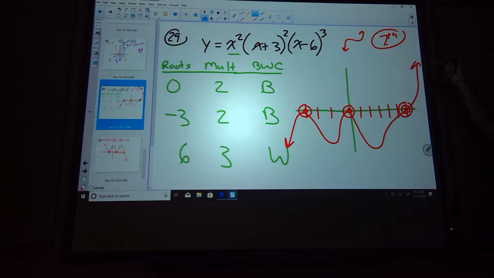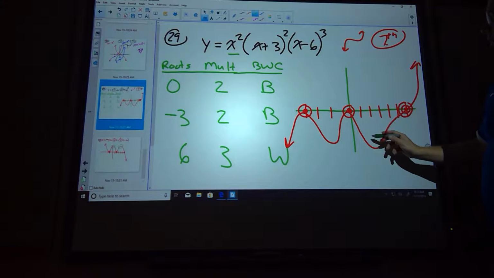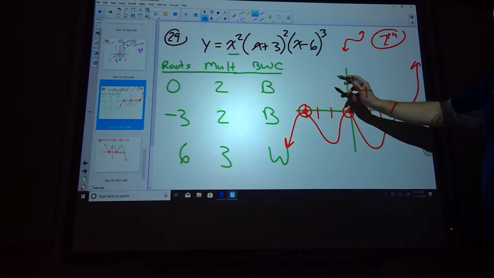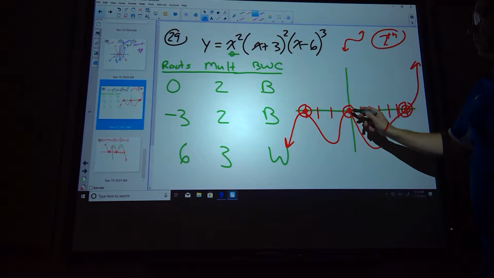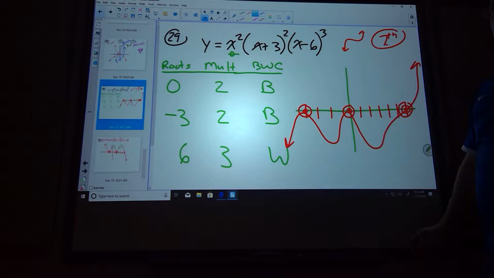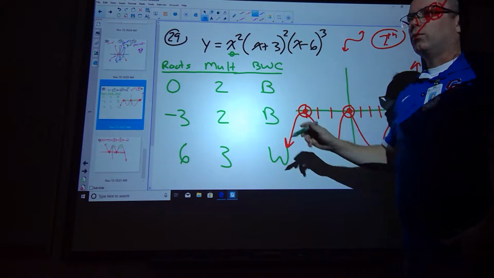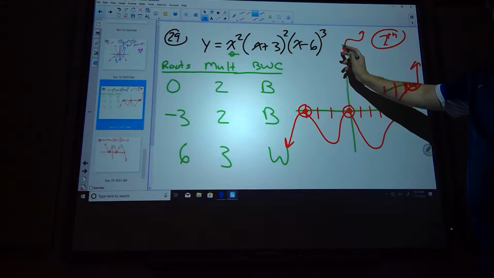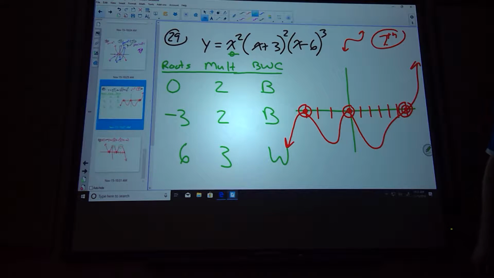And you're okay that this starts going to infinity. Yeah. Right. So because it crosses down here, and because we created a bounce here, it's not going to come up, because this indicates that it happened at 0. So it had to come up and bounce off it, and then bounce off it. So it's not going to go above it. If this was x to the first power, it would go right through it. Or if it was to the third, it'd wiggle through it. Okay. Does that answer your question?